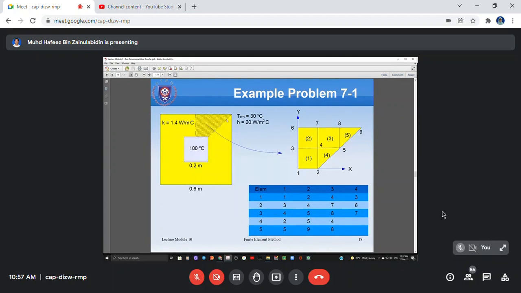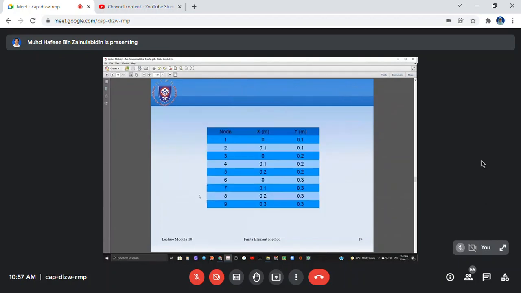And then the temperature outside, the environment temperature, is 30 degrees Celsius, h is 20 watt per meter square degree Celsius. k is given here as 1.4 watt per meter degree Celsius as well. The coordinates are given here. These are the coordinates for all the nodes.